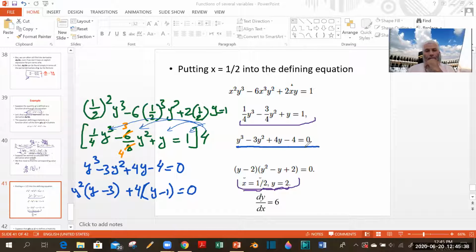Factoring this can be done by calculator or by rule.